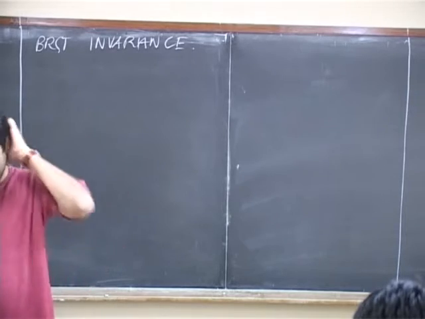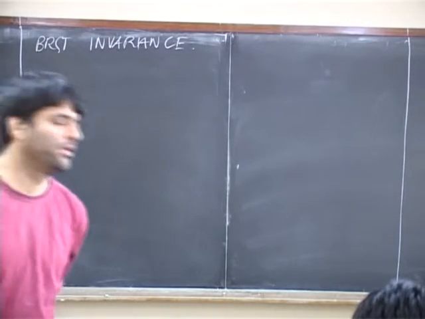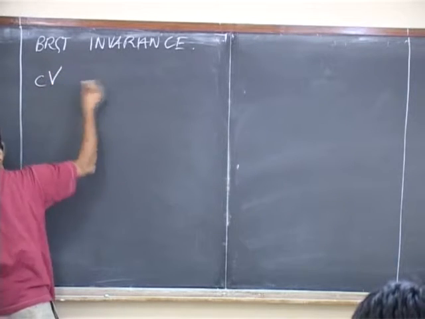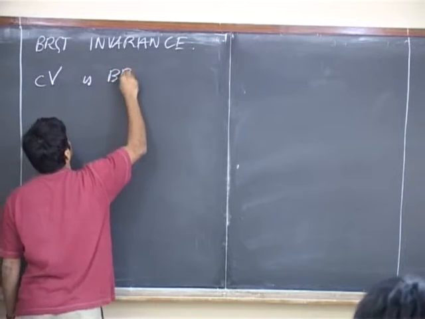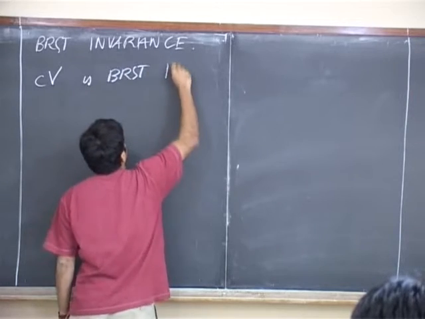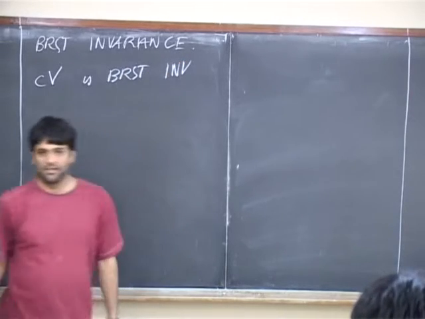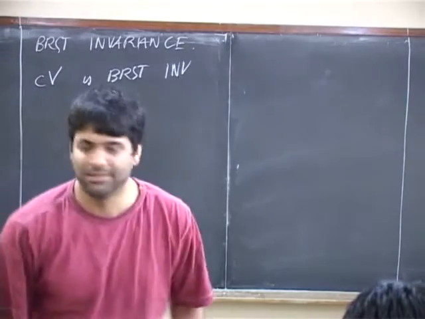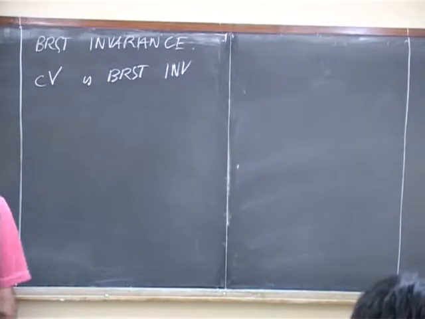Okay. So there are two things you might be worried about with BRST invariance. You see, we know that C times B is BRST invariant. This we know, right? This was the content of our lecture a couple of times ago.